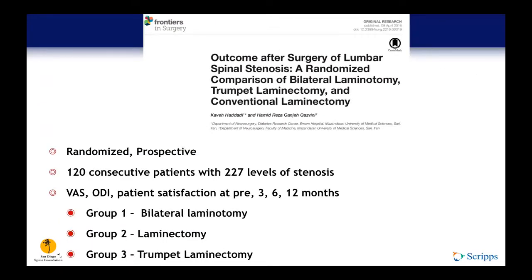This was an interesting study that looked at outcomes by randomizing laminectomy and laminotomy. It was a prospectively randomized study of 120 consecutive patients, looking at VAS scores, ODI, and patient satisfaction up to 1 year, but they stratified the patients into 3 groups: a bilateral laminotomy group maintaining the midline structures, a complete traditional laminectomy group, and a trumpet laminectomy group.